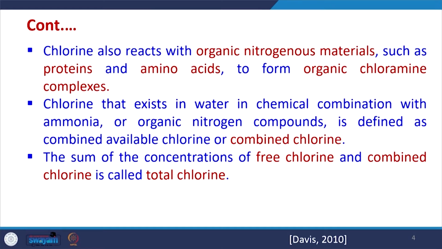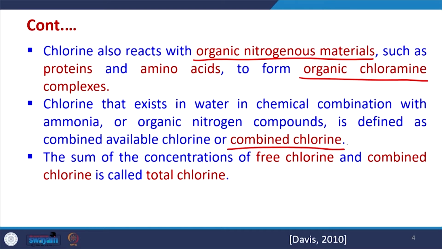Now, chlorine also reacts with various organic nitrogenous materials which are present in the water, and generally they will be present because the water may contain different types of proteins and amino acids. The chlorine will react with these proteins and amino acids also to form organic chloramine complexes. Chlorine that exists in the water in chemical combination with ammonia or organic nitrogen compounds is defined as combined available chlorine or combined chlorine.